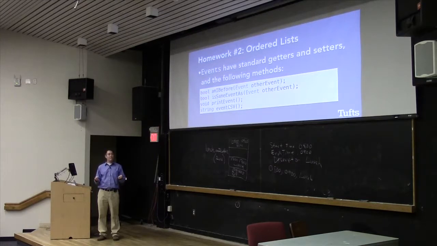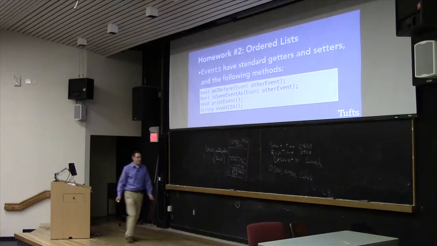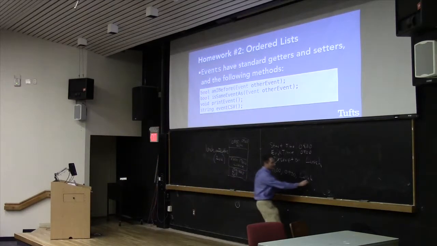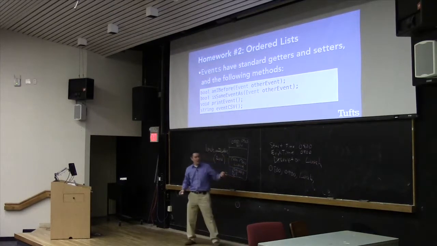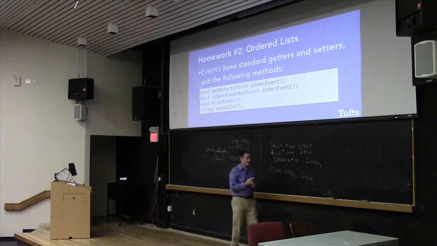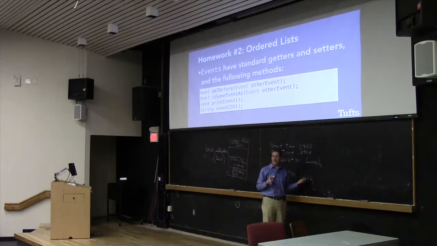What might be a problem with this if we've got comma separated value lists? Anybody see a problem with this? Yeah, if the description contains a comma, then you're in trouble, right? Like you say lunch, make sure to eat your vegetables or something, and you put a comma in there. Well, then maybe the computer might say, hey, there's an extra comma.